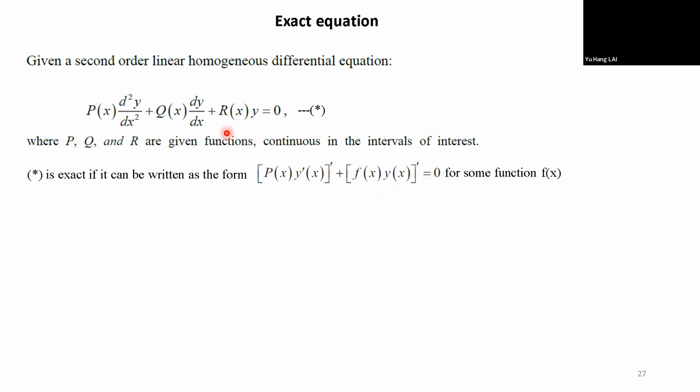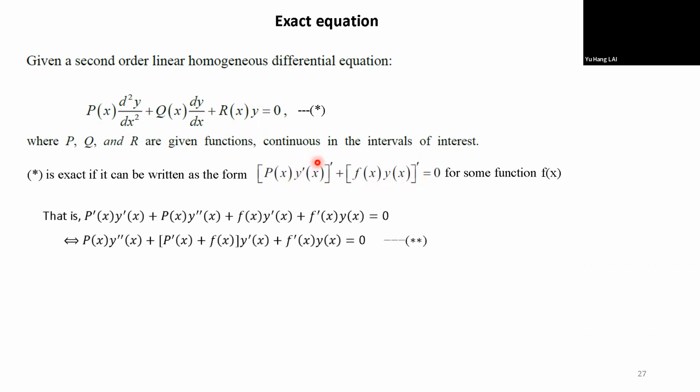So the question is, how do we know whether this equation can be rewritten in this form? What we do is compare the terms. We actually do the derivative for these two terms, just using the product rule, to expand all the terms out, and then group them into three terms: the term with y double prime, the term with y prime, and the term with y.